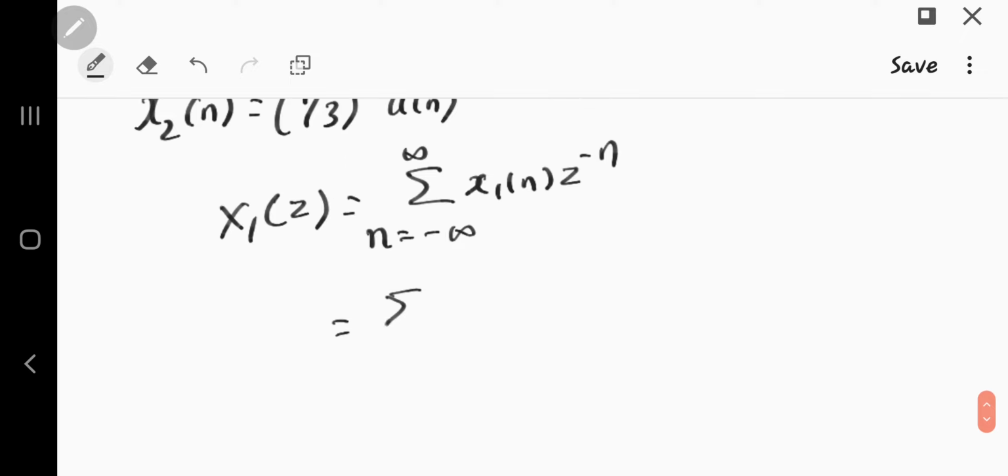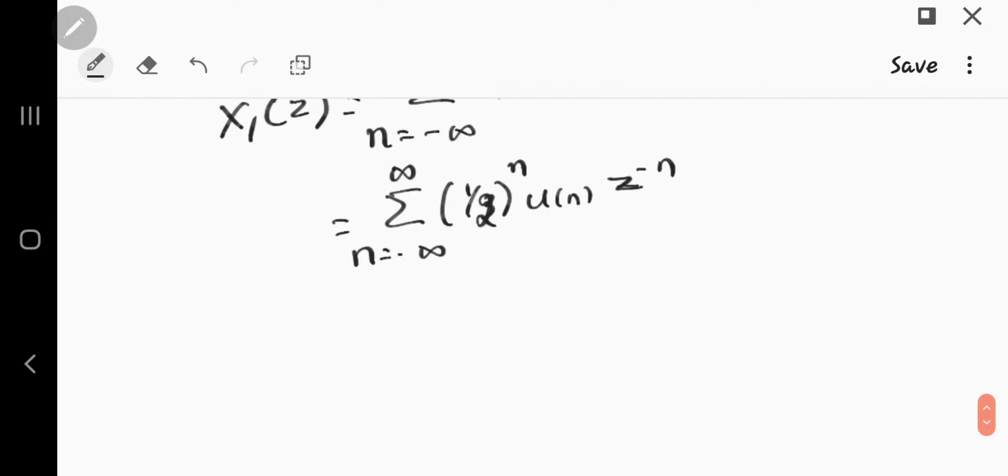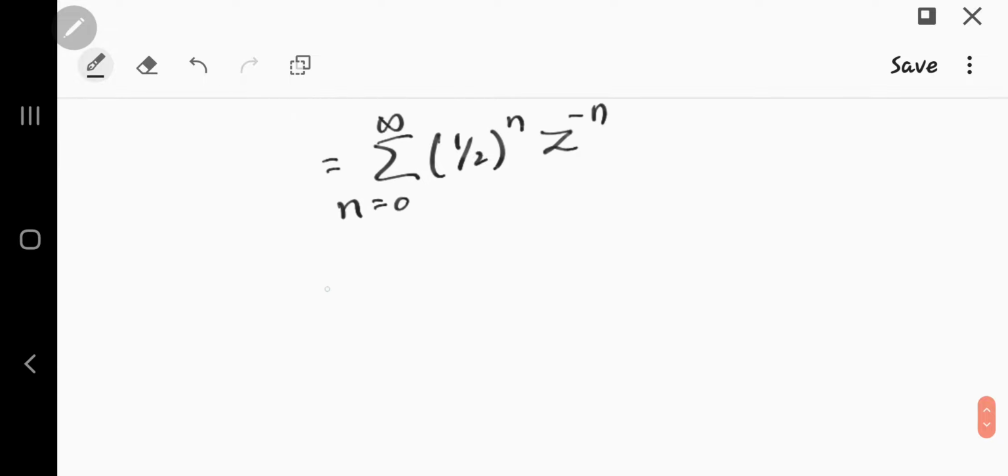X1(z) is the sum of (1/2)^n u[n] z^-n. Now u of n exists for values of n greater than or equal to 0, so the limit will be from 0 to infinity of (1/2)^n z^-n.